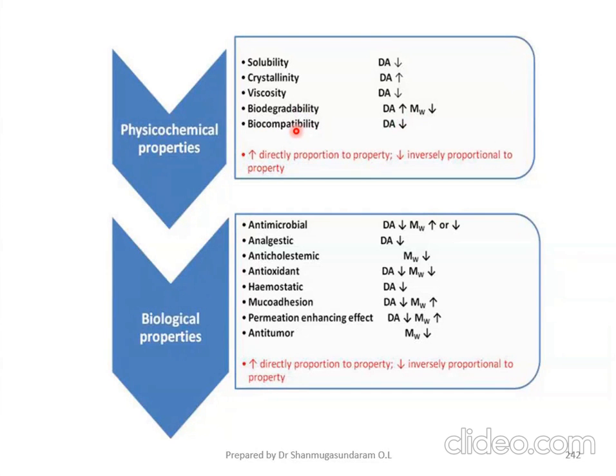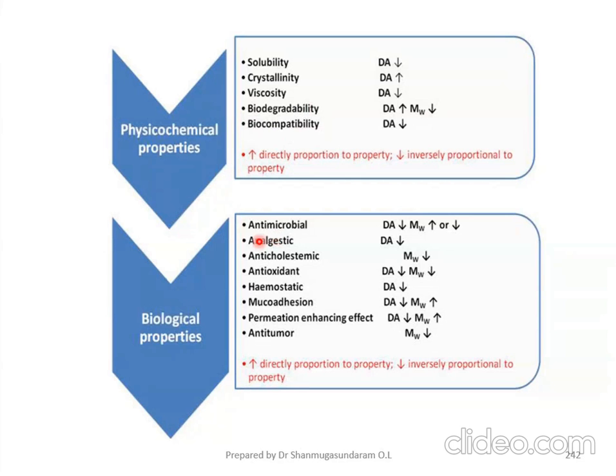Biocompatibility means it will not create any sort of side effects when it is applied inside the human body. It will adapt inside your human body. That is biocompatibility. So this is a very essential property when it is used as medical textiles.